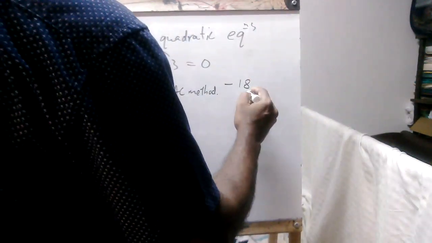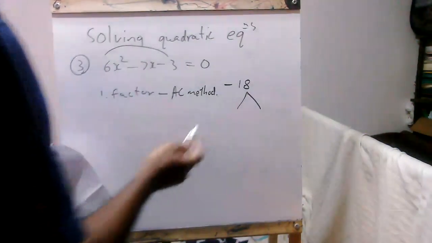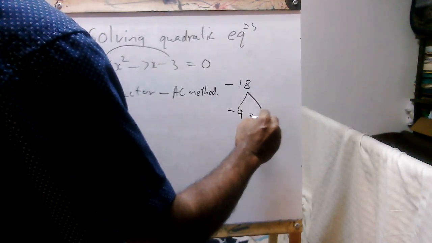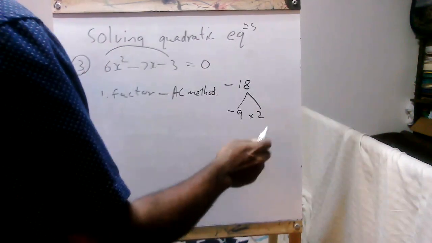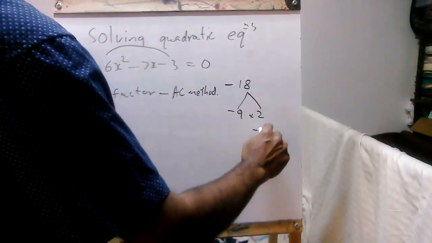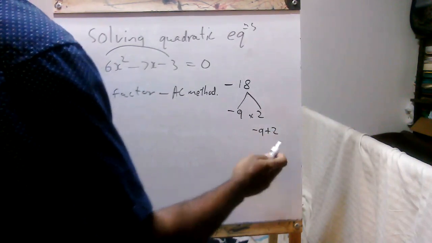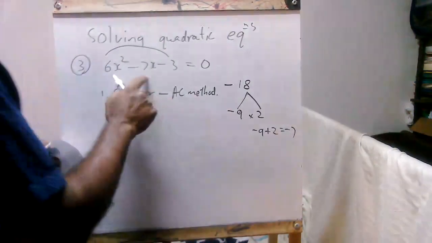Then find two factors of negative 18 that give us negative 7. Negative 9 times 2 is negative 18. If you combine negative 9 and 2, if you add these two, you get negative 7, which is this number.